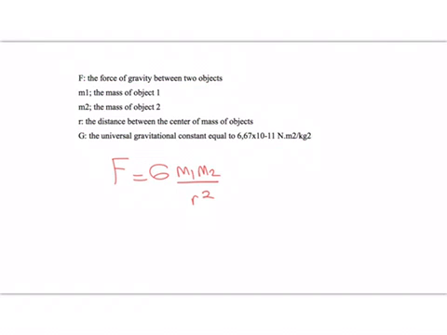So in the formula, F is the force of gravity between the two objects, which is in Newtons. M1 is the mass of object 1 in kilograms. M2 is the mass of object 2 in kilograms. R is the distance between their centers of mass in meters. And G is a universal gravitation constant, which is equal to 6.67 times 10 to the power minus 11 Newton meter squared over kilogram squared.